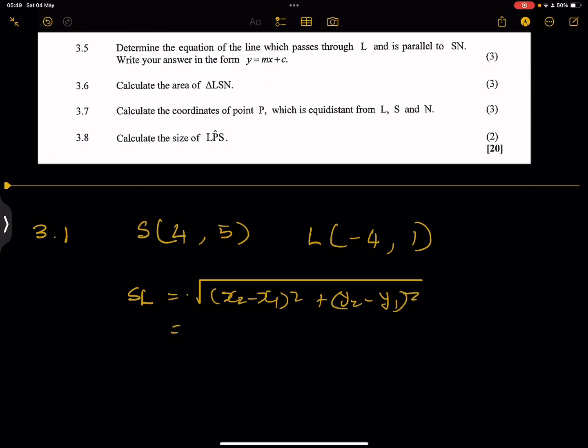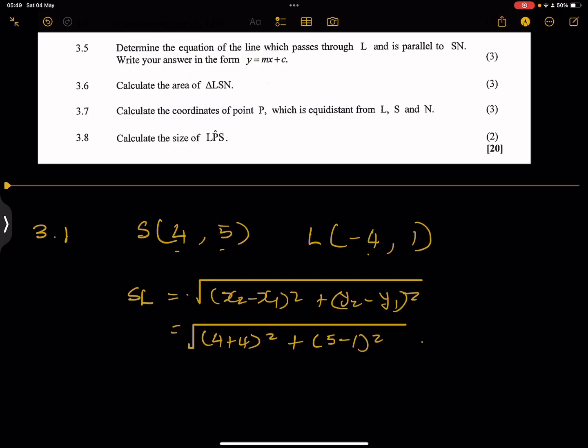So if we substitute our values, we've got 4 minus a negative 4, so this becomes (4 plus 4) squared, plus 5 minus 1, all squared.